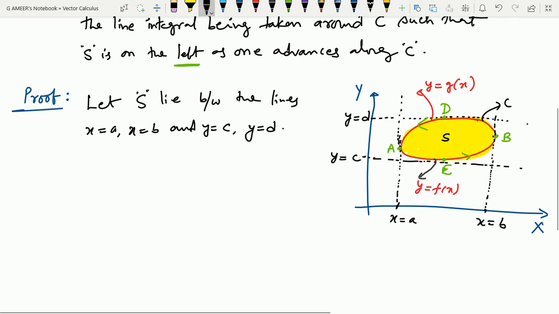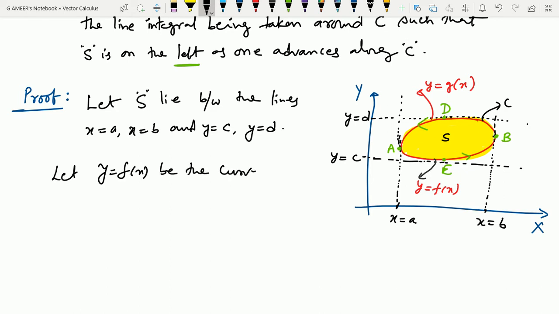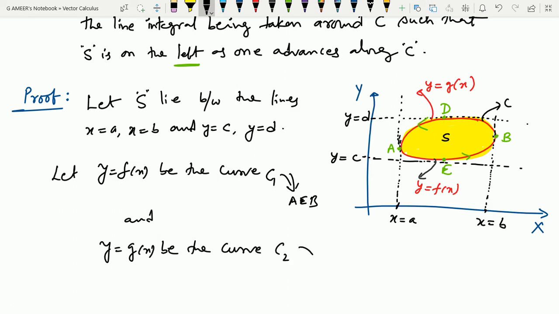Let y is equal to f of x be the curve C1, that is from A, E, B, and y is equal to g of x be the curve C2, that is of ADB. So lower part and upper part: f of x is less than or equal to g of x.